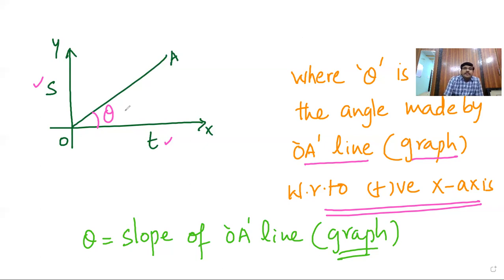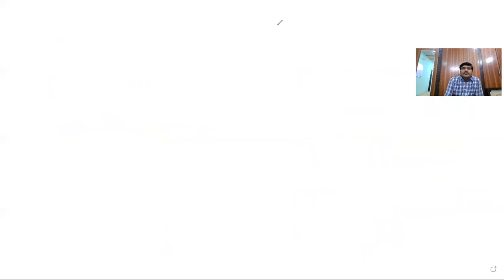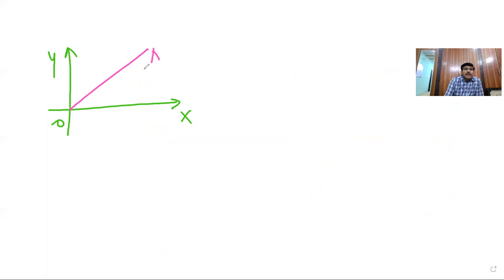Now, observe mathematically, here I show. Suppose this is the x-axis, this is the y-axis, this is the origin. If you have a line OA, mathematically, what is the slope of this line?